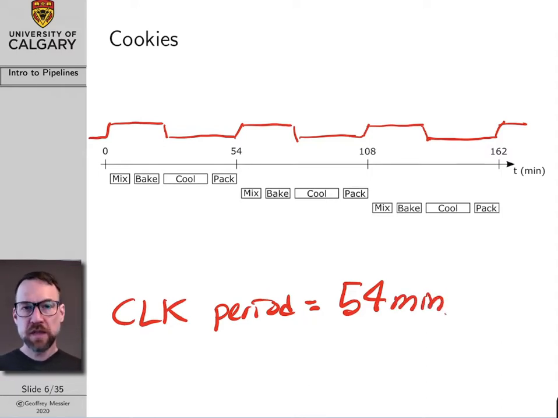And so this is going to be something that we're going to see when we actually implement this in our microarchitecture. So our single cycle microarchitecture, where we have to fit every single operation between the rising edges of our clocks, results in a very long clock period, right? We've got to wait for everything to finish before we can have our next rising edge.